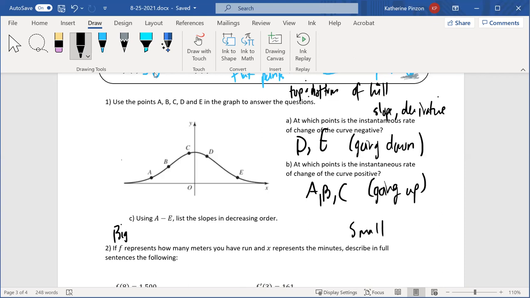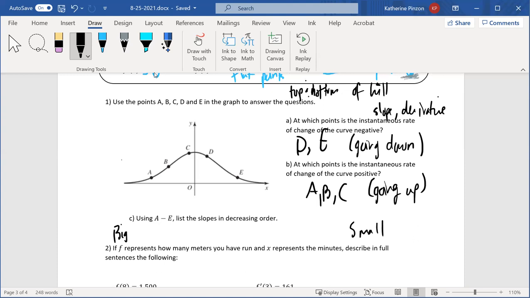So if you had to estimate these numbers, would you say A is a big number? Well, what kind of number is A? Positive or negative? Positive. A is positive because the graph's going up there. Would you say it's a big positive number or kind of small, near 0? Kind of small near 0, right? It's not going up very fast there. How about B? Bigger, yeah?